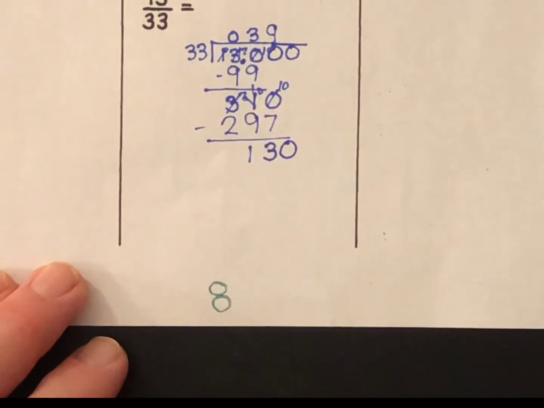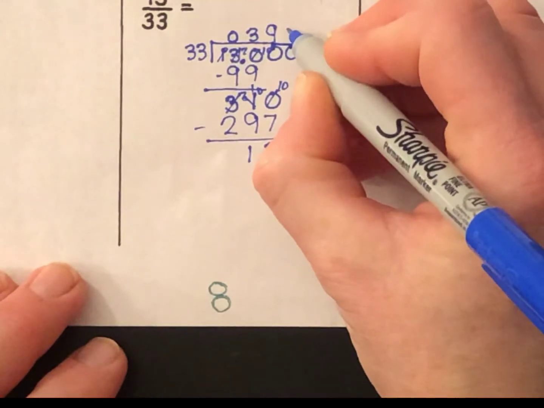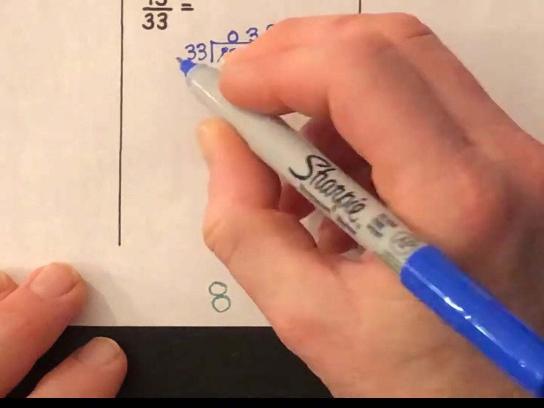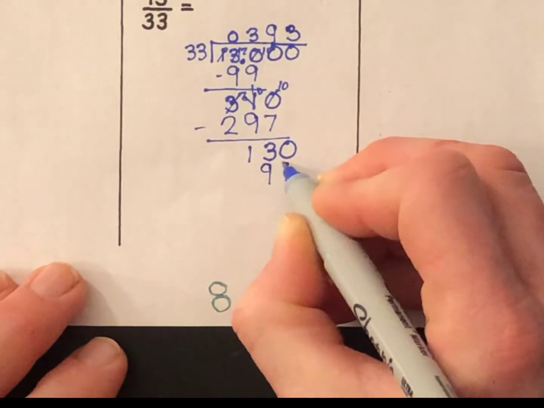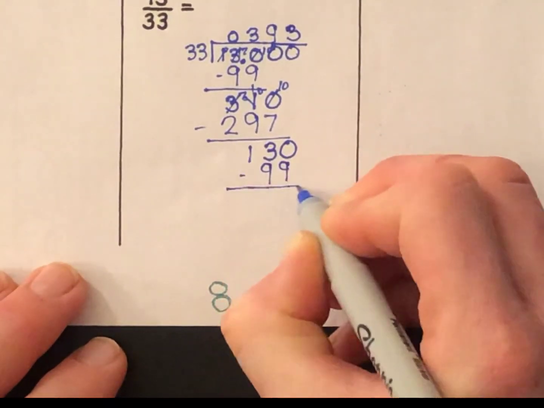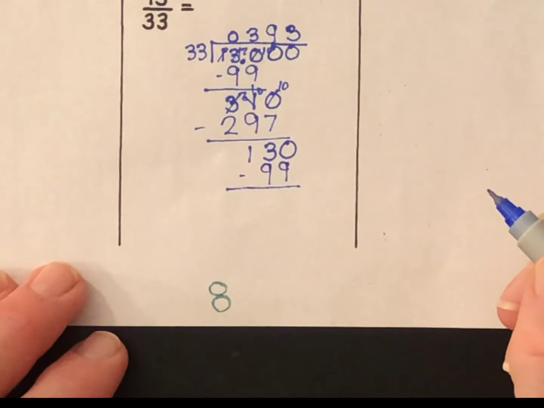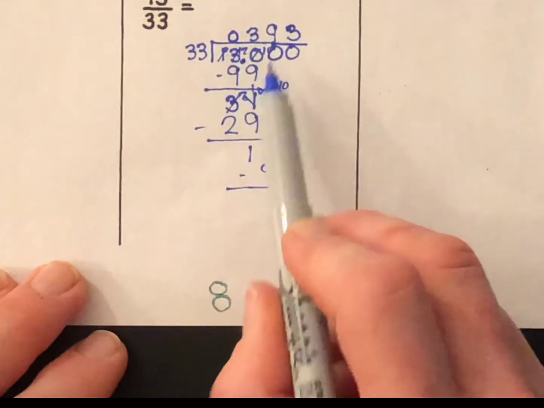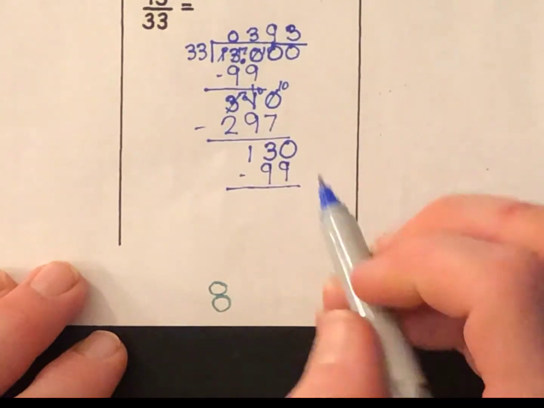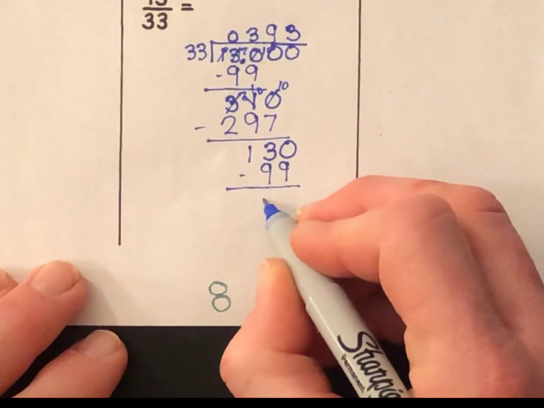Ha, 3 times. I knew I recognized that 3. 3 times 33 is 99. And I know that 130 minus 99 is 31.